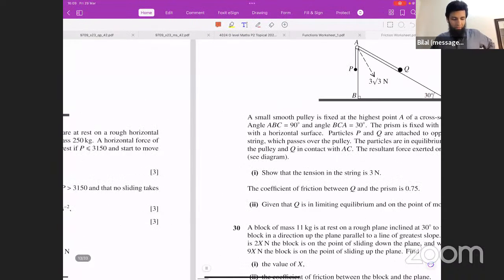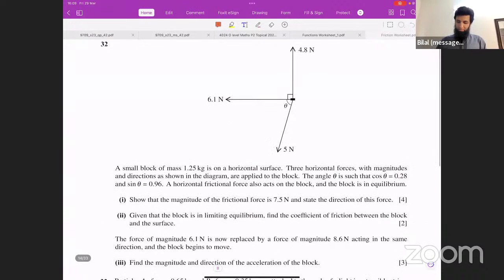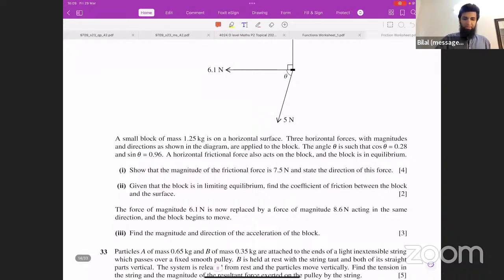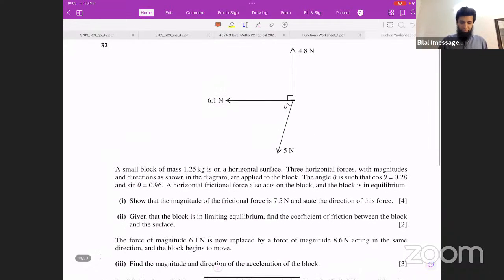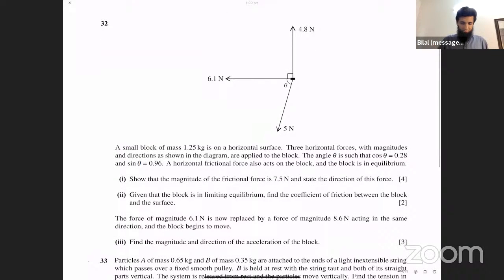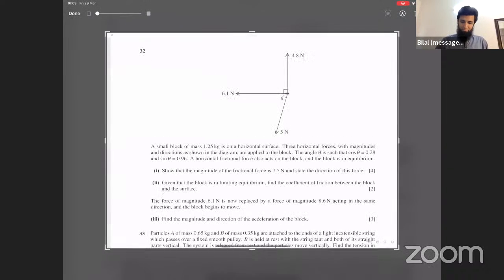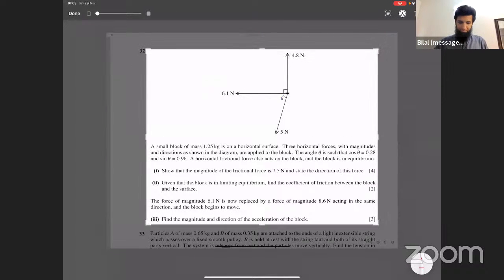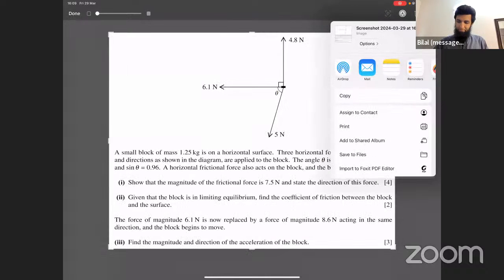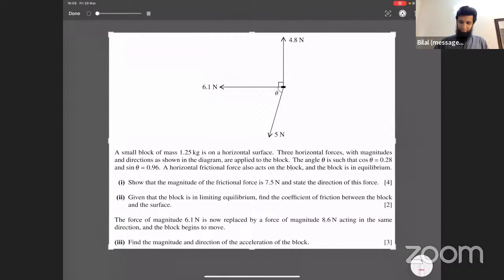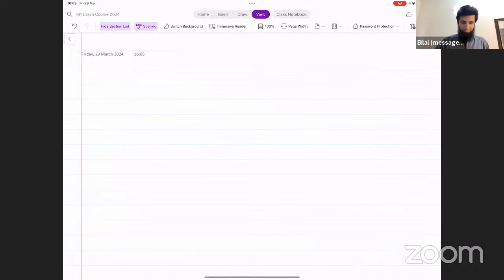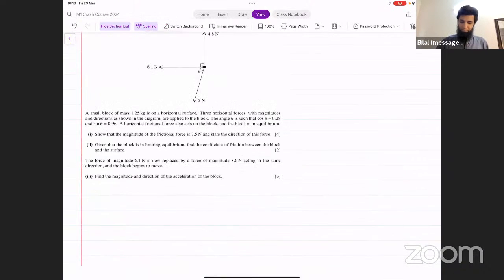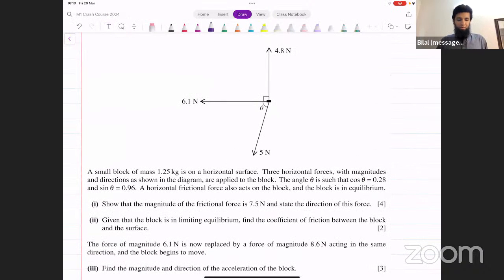So you're talking about question number 32, first of all? Okay, let's have a look at this. Question number 32 from the worksheet.